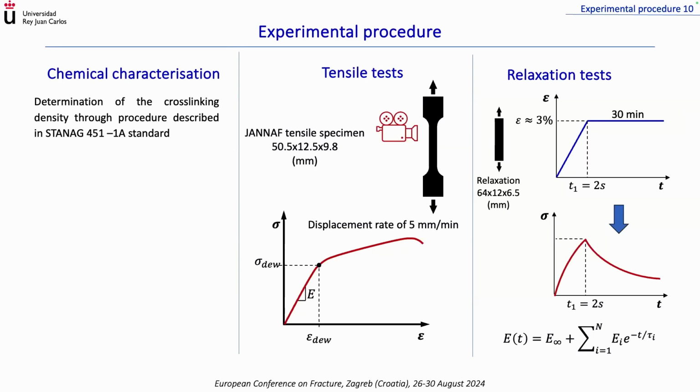The test consisted in the application of a strain of 30% in around 2 seconds, maintained constant for 30 minutes. The load was recorded, and from the stress versus time curves, the relaxation modulus is obtained by fitting the experimental data to the generalized Maxwell model.